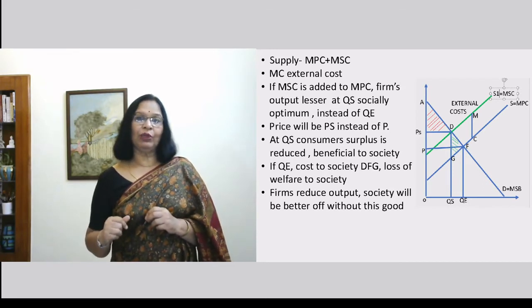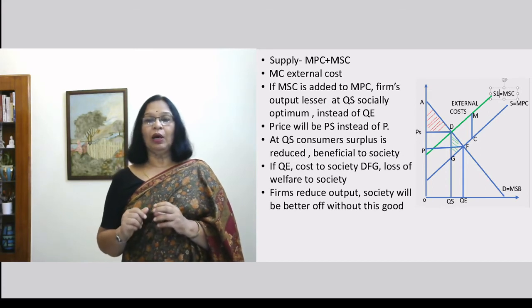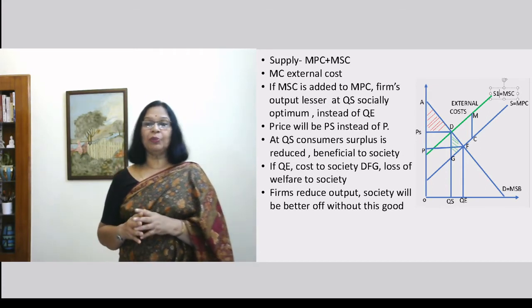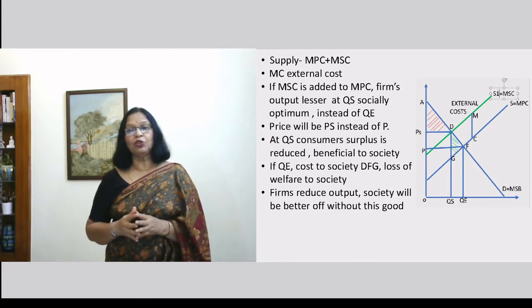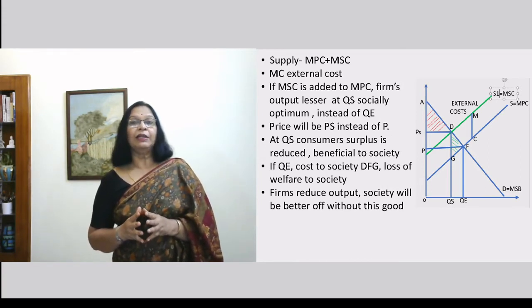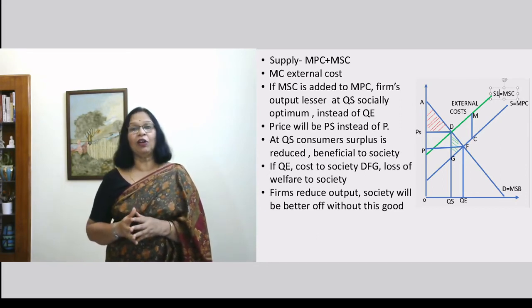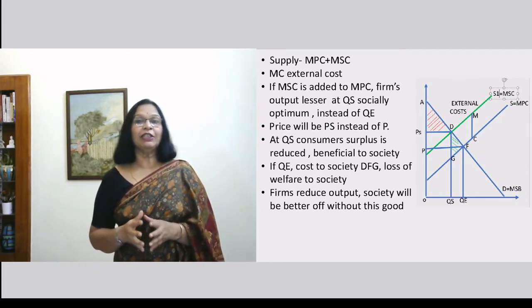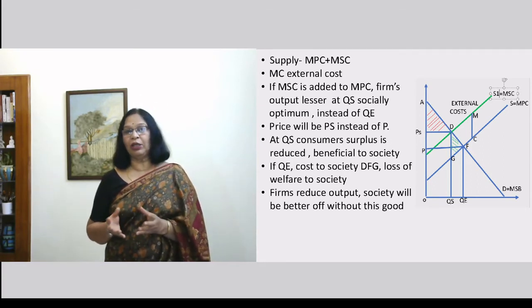On the other hand, what happens to the producer? The producer produces quantity QE and now moves on to produce only QS. The producer produces less and thereby increases the welfare of the society by preventing this pollution from destroying the water body.